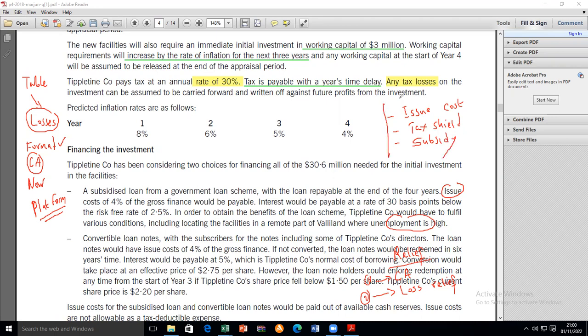Such that if you're doing your summary somewhere, you can do a summary that in my APV, there's going to be my best case NPV. Then I'll bring in these items.